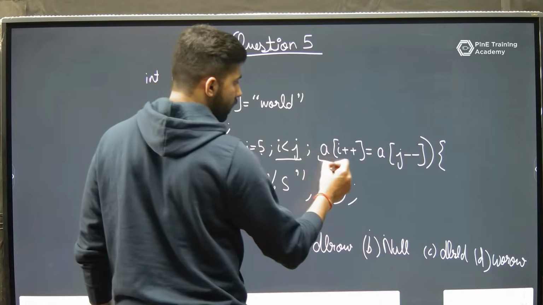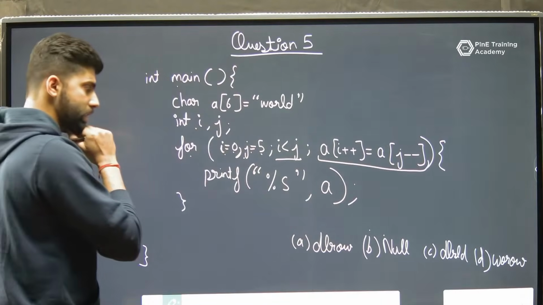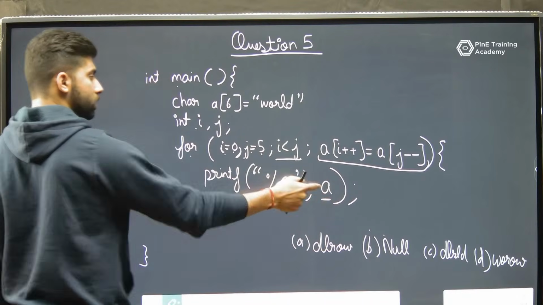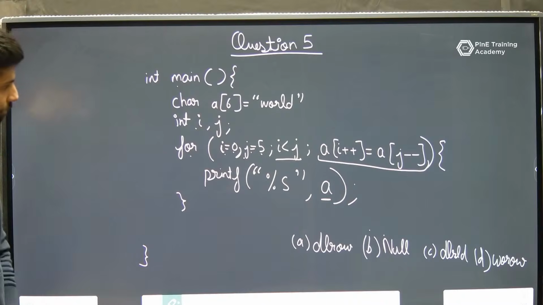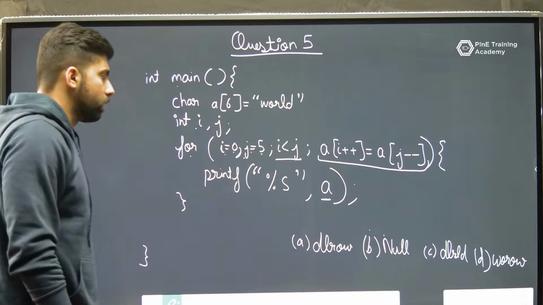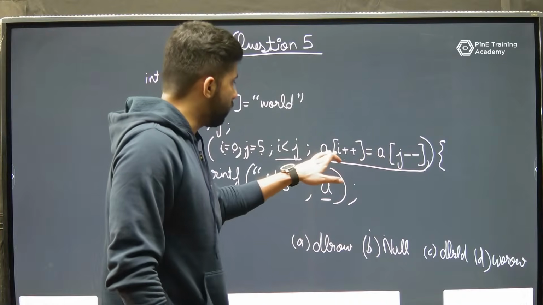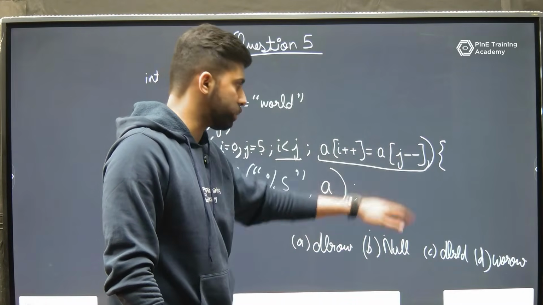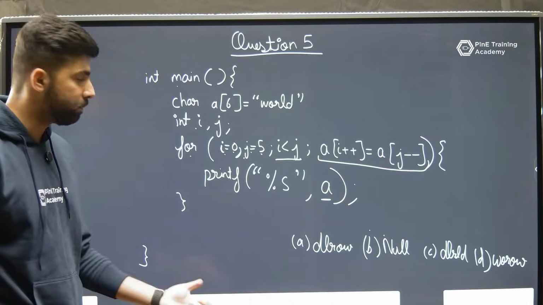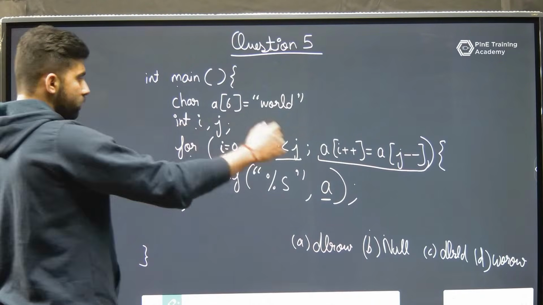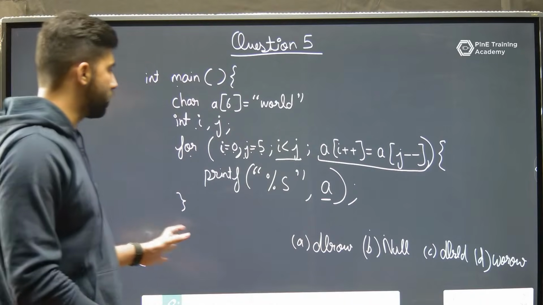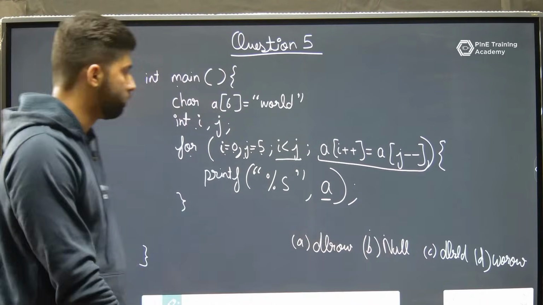And here I have written an expression, and in the loop, I am printing this complete A array, right? Note that in this expression, I'm doing i++, which is post increment, and here I'm doing j--, which is post decrement. Try to think what will be the answer for this particular question. The options are given below.